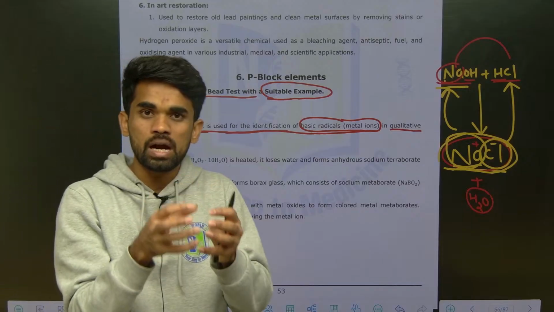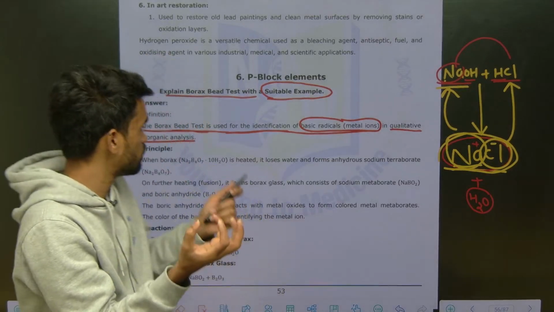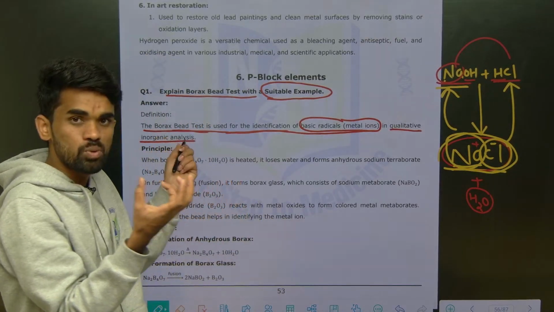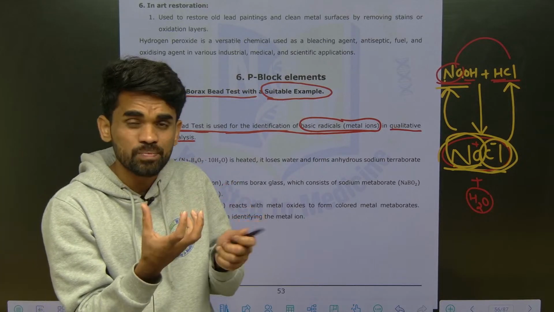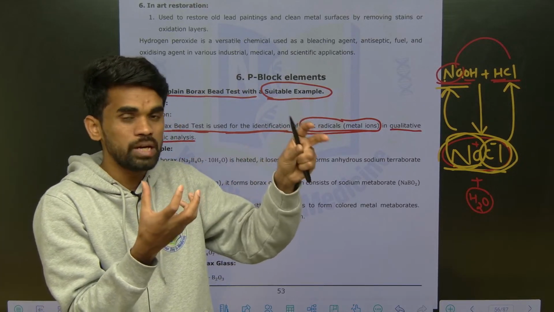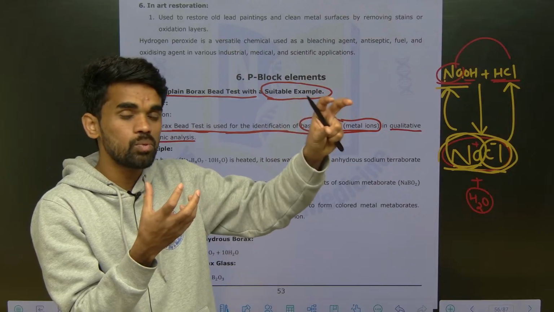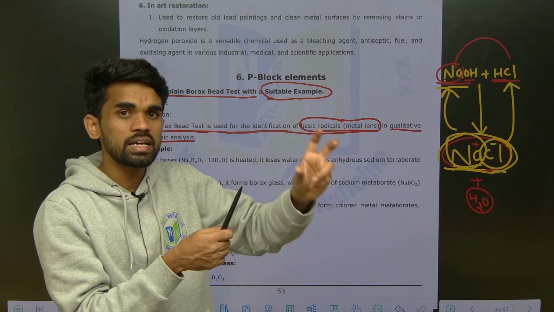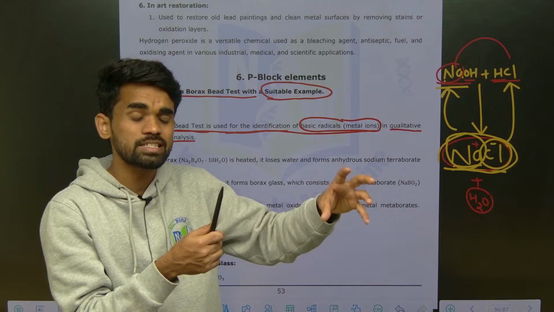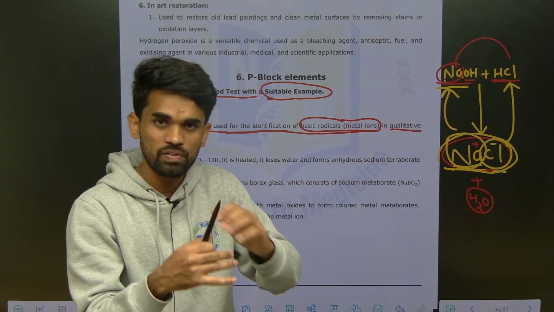For example, when cobalt is treated in the borax bead test under heating, it forms a blue color bead, which indicates that the given salt contains cobalt cation. We will be doing it like that.